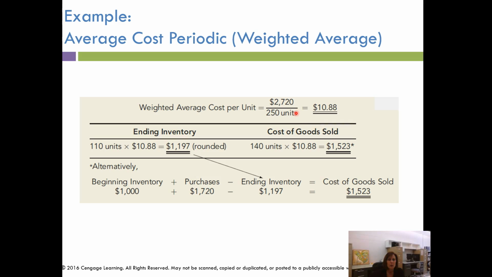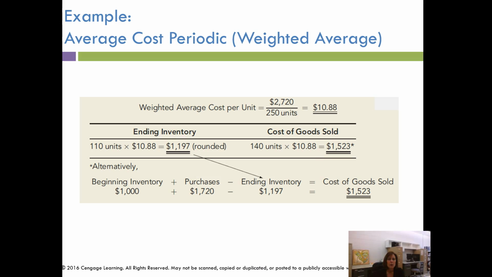We spent a total of $2,720 on the products for those 250 units, so that gets us to $10.88 a piece. We have left 110 of them at $10.88, gives us $1,197, and we sold 140 at $10.88, which gives us a cost of goods sold of $1,523.